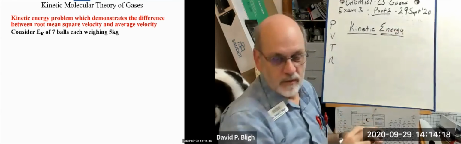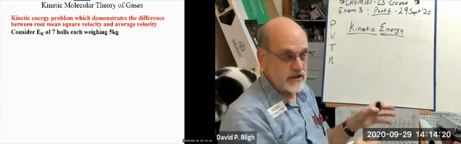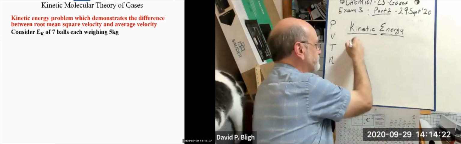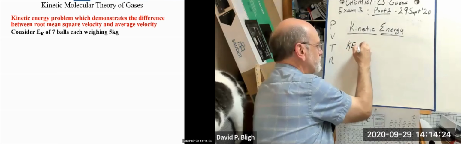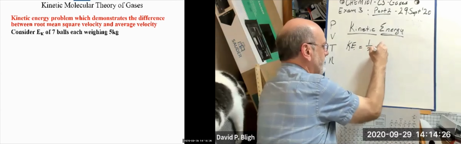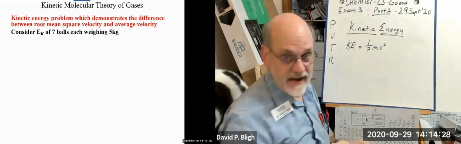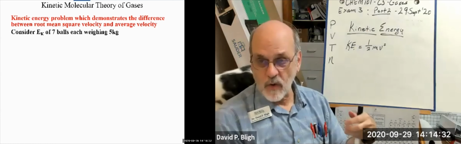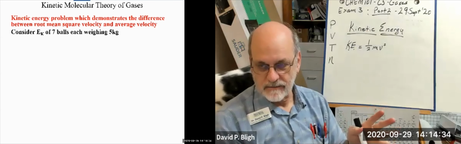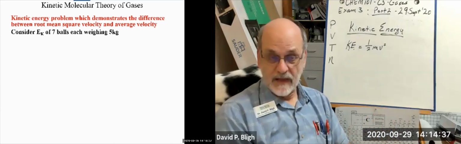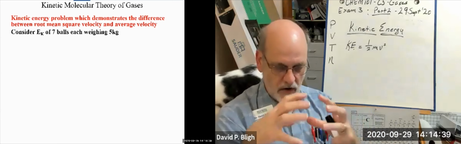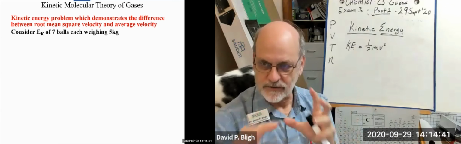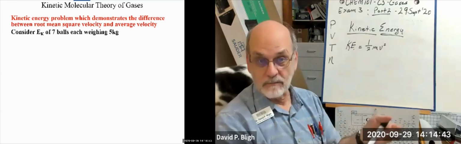So individual molecules have a kinetic energy, which can be expressed by that equation: 1/2 mass times the velocity squared is kinetic energy. Now we're going to use large particles for our examples. We're going to use bowling balls.